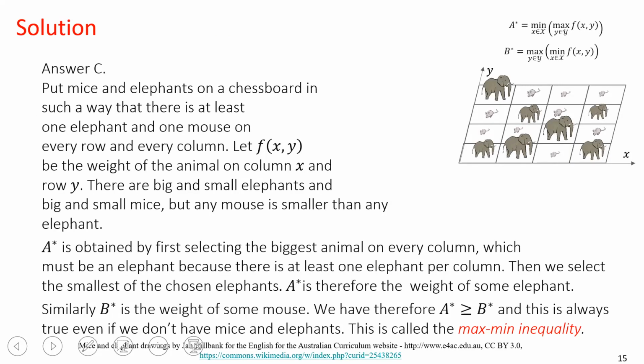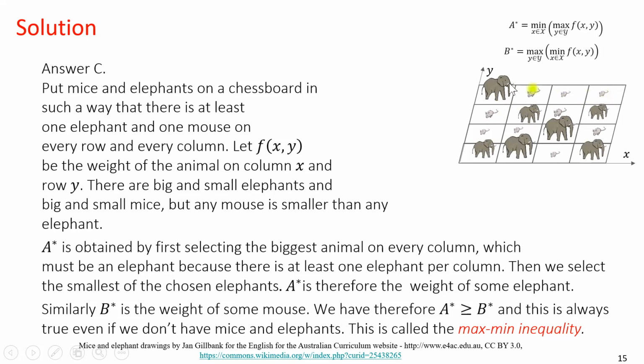Here's perhaps an easy way to remember why. Assume I have on a chessboard mice and elephants. The x-axis is a coordinate of my chessboard, the y-axis is another coordinate. And f of x, y is the mass of the animal that is at coordinate x, y.